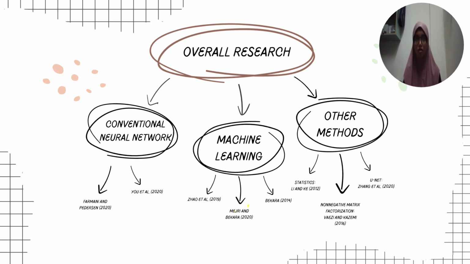And the third part is other methods, such as statistical, non-negative matrix factorization, and UMAP. All this research is focusing on how to improve the swell noise attenuation and also how to make the removal of swell noise much easier. But for this presentation, we will be focusing on machine learning.